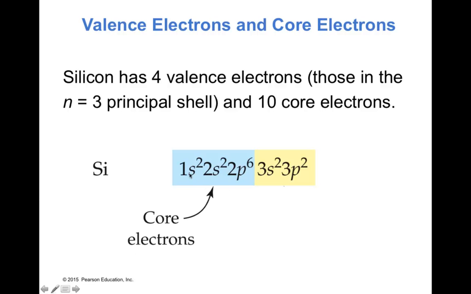These are not involved in chemical bonding, but they are in the atom, and these electrons here that are in the outermost shell are known as the valence electrons. So you have the core electrons and the valence electrons, the ones that are associated with chemical bonding.